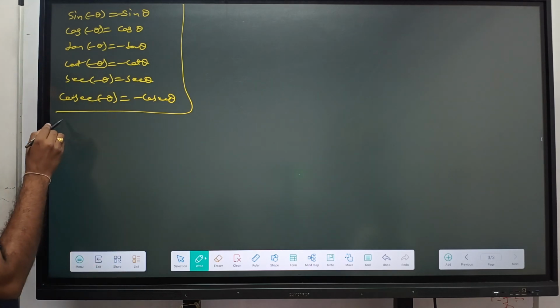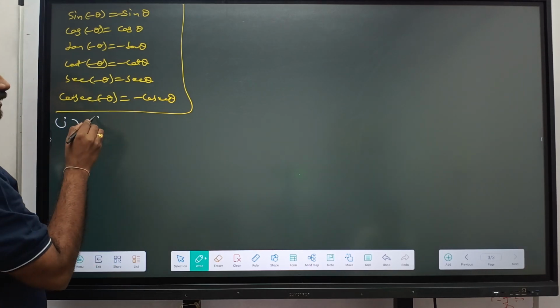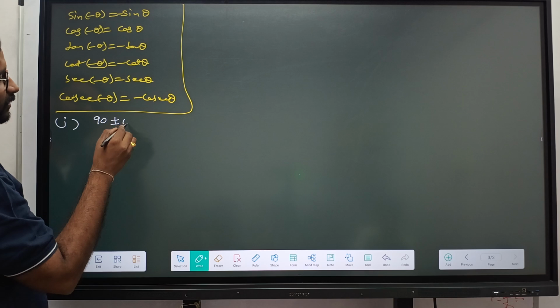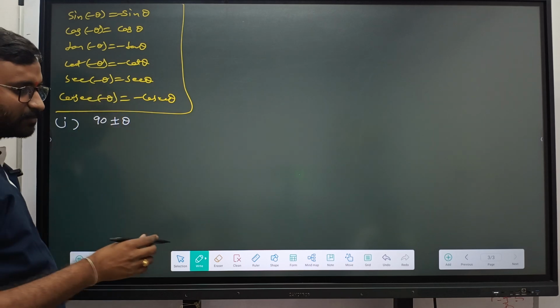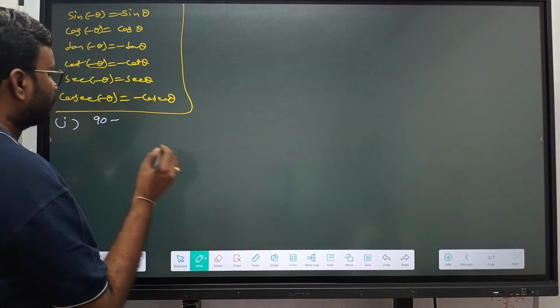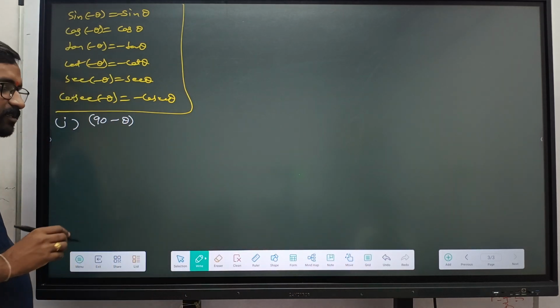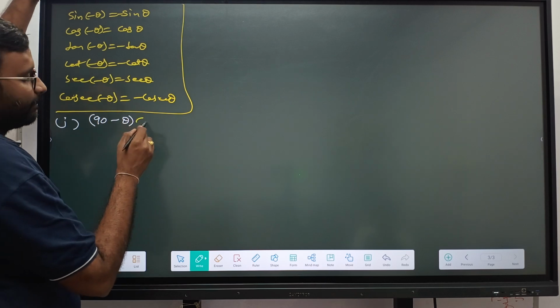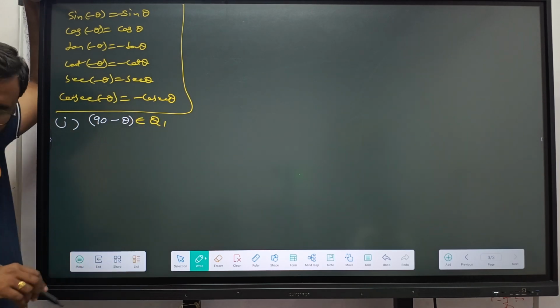Now come to the first one. 90 plus or minus theta. So in this plus or minus, first minus theta. What about sine 90 minus theta? Means which quadrant? Q1.